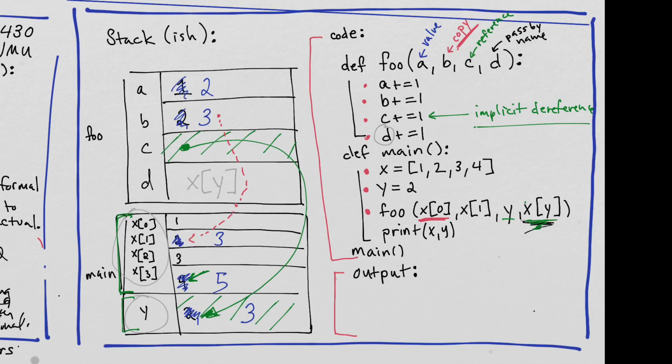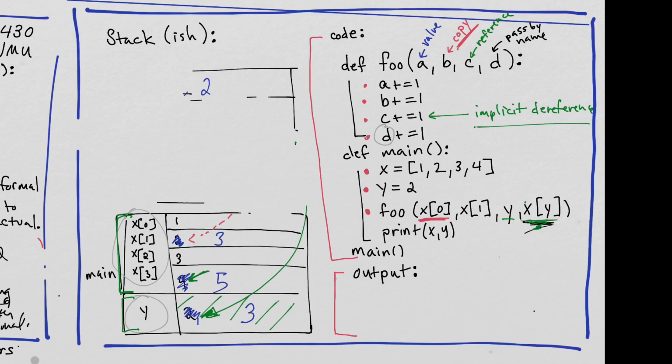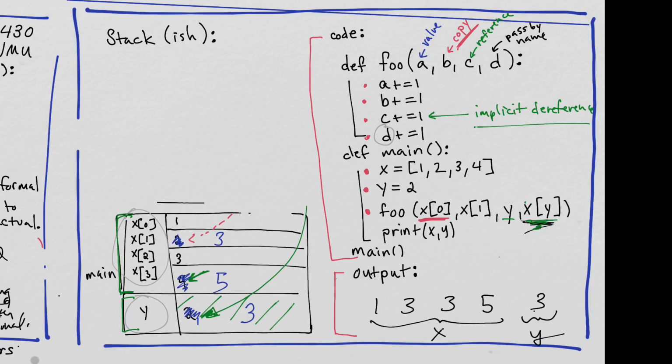And the final output, so then we pop the stack. Pop the stack. And the final output of this code is then 1, 3, 3, 5, 3. This being the array x, and this being the value of y. And so now we have executed that final line.